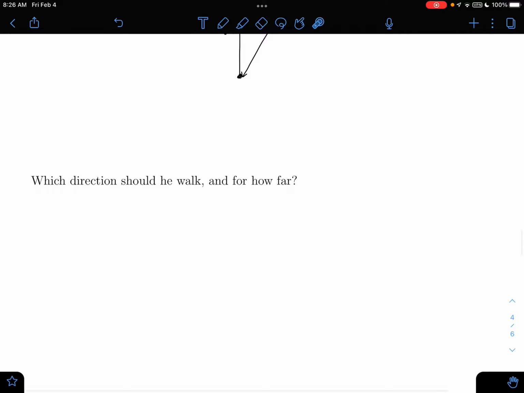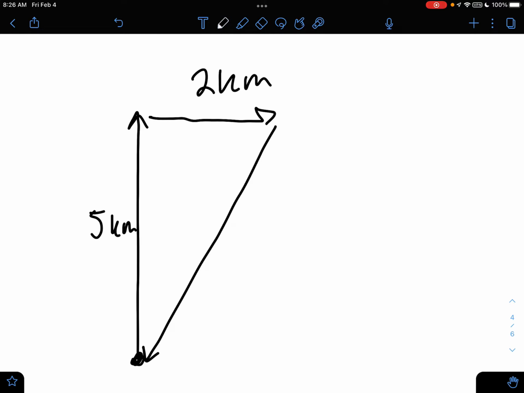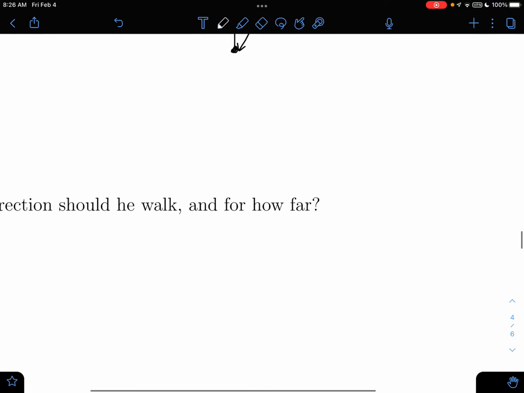Now, what direction should he walk and how far? So we're looking for the direction and magnitude of this vector pointing from where we ended back to where we started. Now we revisit our good friend, because we can get the magnitude of this with some right triangle trig. We have the leg of a triangle and another leg of a triangle. Let's get us a hypotenuse.